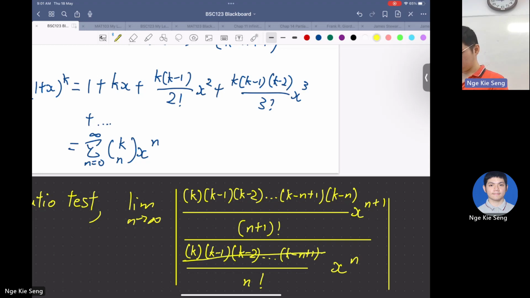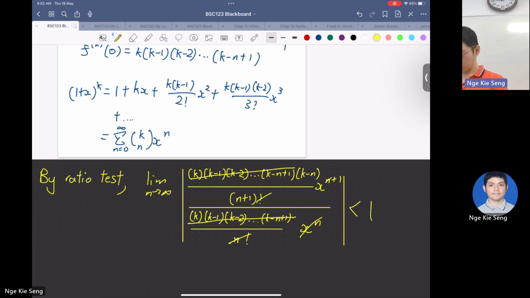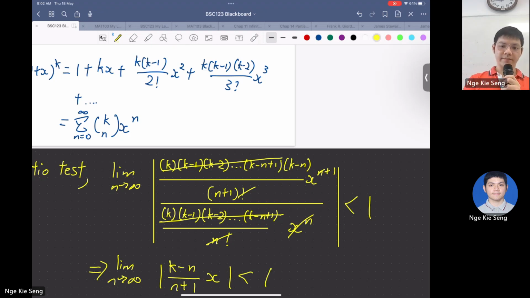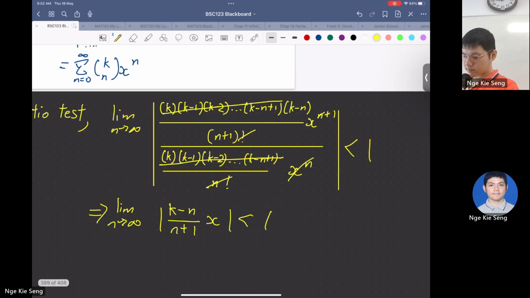You have left this huge thing, this cancels, and then this limit is less than 1. So this implies that the modulus of (k minus n) over (n plus 1) times x is less than 1. Okay, so what's this? Now, can you get rid of the modulus?